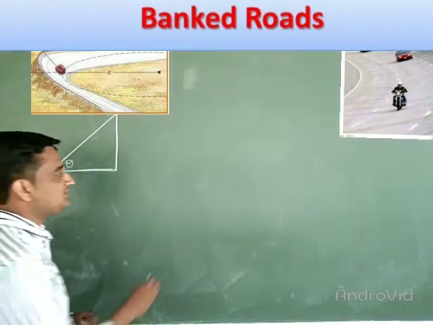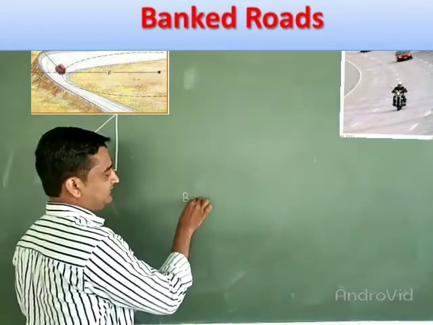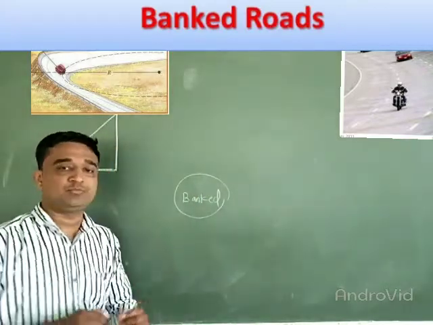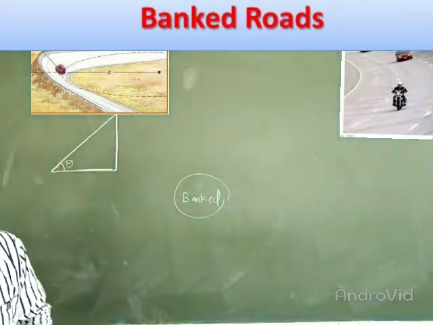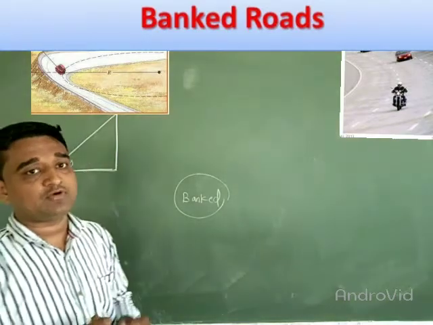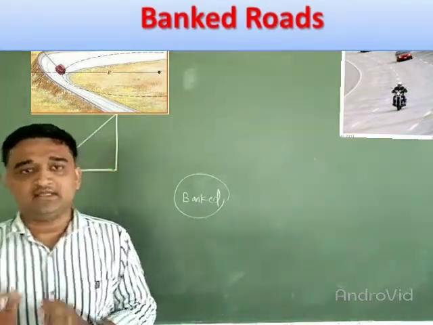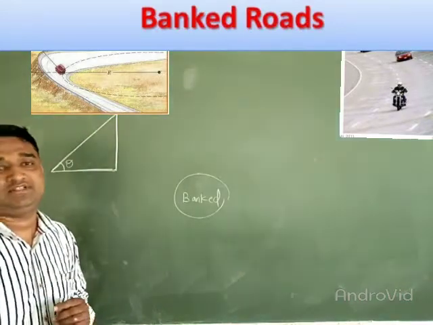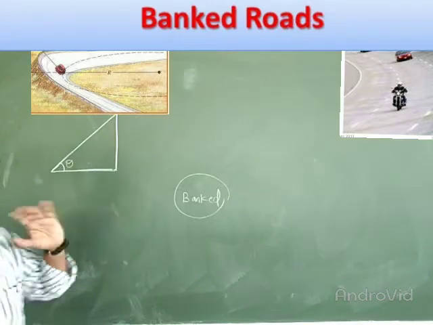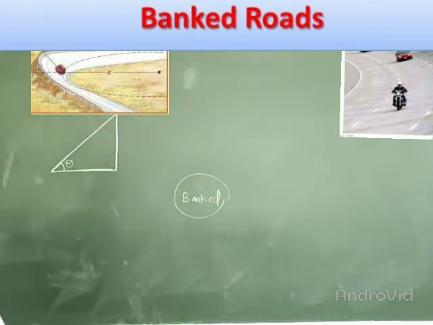Why are the roads banked? If the vehicle is moving with a high speed on the curved path, the force of friction between the road and the tire is not sufficient to pass the curved path. So in those cases, the roads are banked to avoid the skidding of the vehicle.